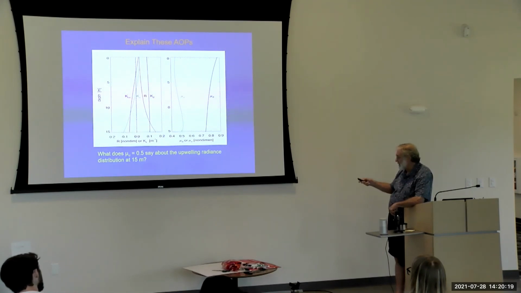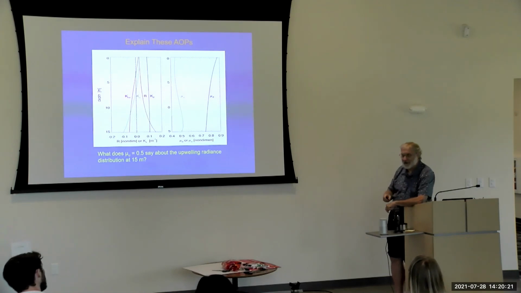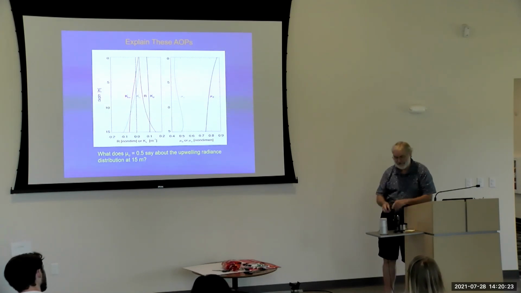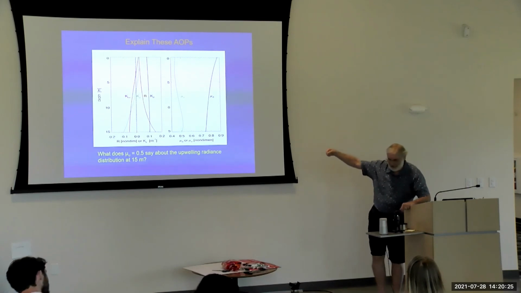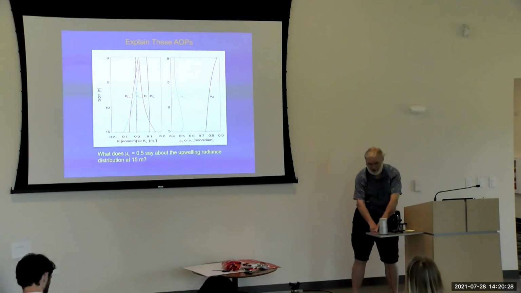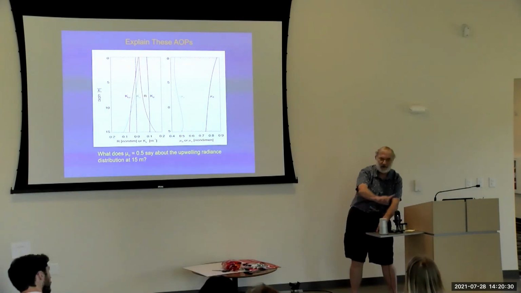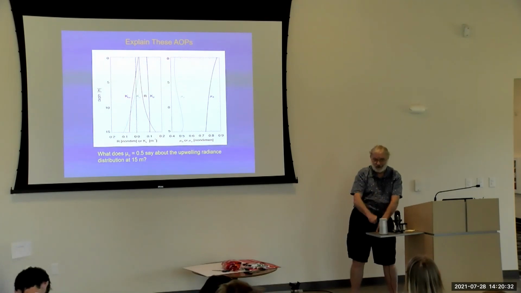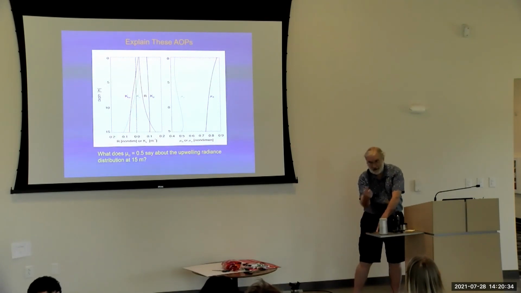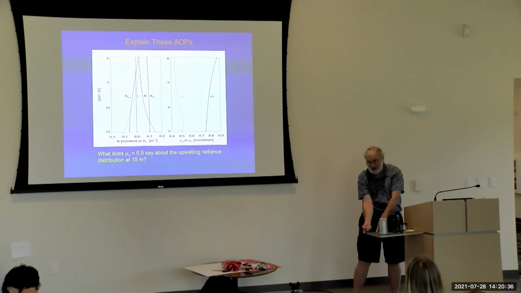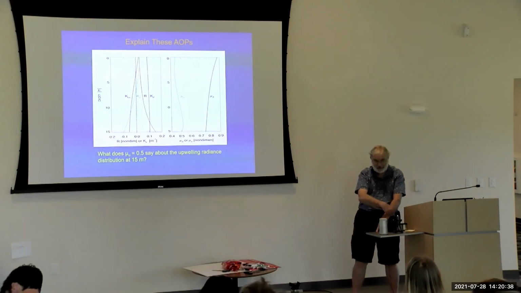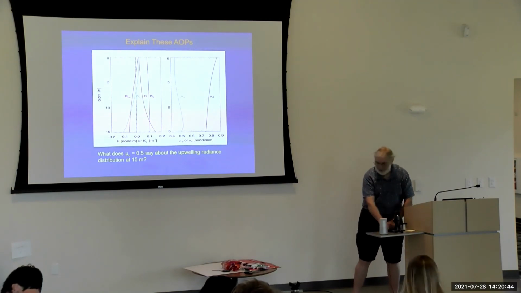You don't know yet what a Lambertian reflector is, but a Lambertian reflector means that whatever light comes in gets reflected off equally in all directions. That makes an isotropic radiance distribution, and an isotropic radiance distribution has a mu bar of 0.5 if you plug in the numbers.